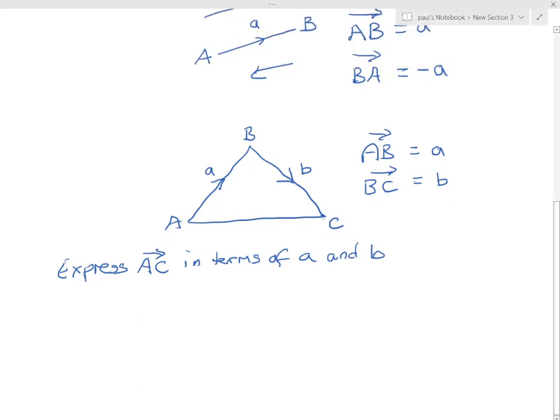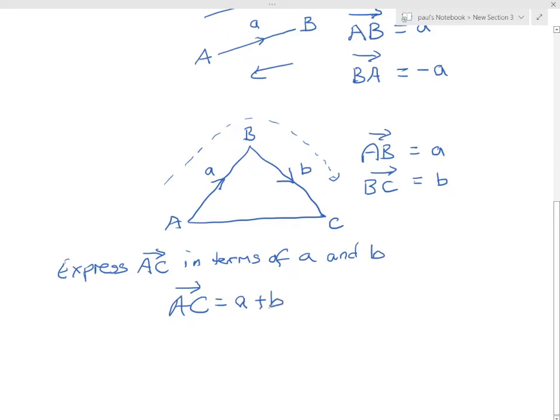So to get from A to C, we're going to express what this vector is, the direction and the length, but we can't go directly from A to C yet. So to find out what the vector of A to C is, we're going to go all the way around with what we know. So the vector of A to C is, first of all, we've got to go up here from A to B, so that will be a little a, and then we're going to go down the other side from B to C, and that will be b.